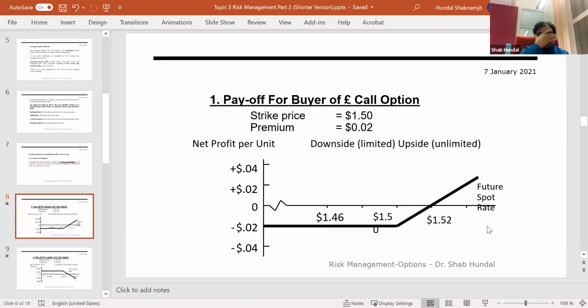Okay. How it works now. Now, this example is very important, and I want you to pay attention to it.